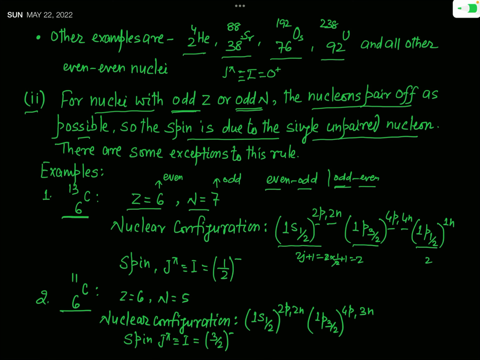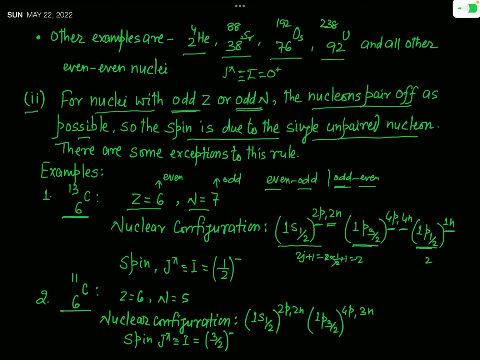But you can see here that there are 6 protons, and in the first subshell there are 2 protons, and in the second subshell there are 4 protons. So a total of 6 protons have been distributed. And now the number of neutrons in the first subshell is 2 and in the second subshell is 4. So only 1 neutron remains which is not lying in the second subshell. So in the last subshell there will be only 1 neutron.